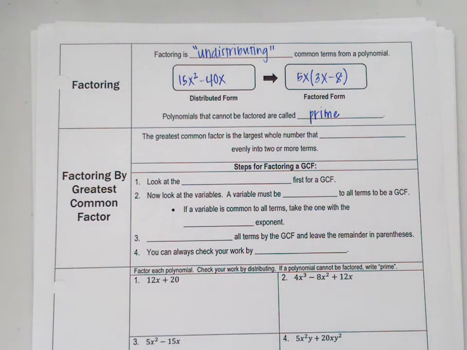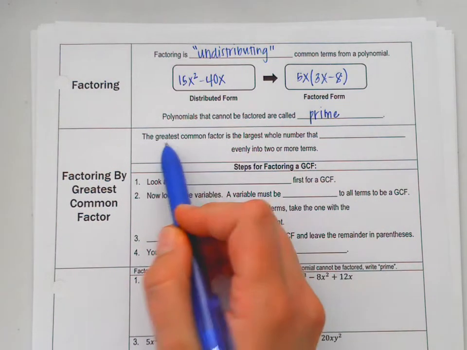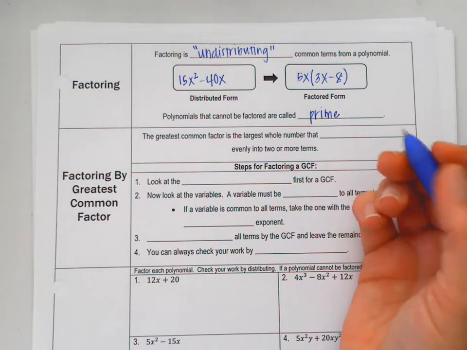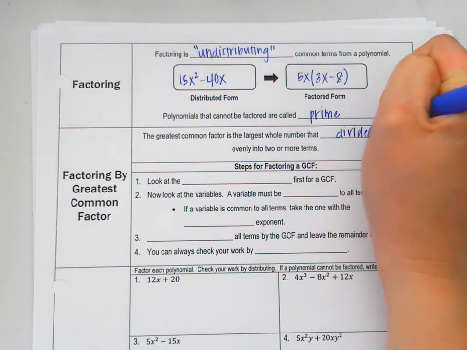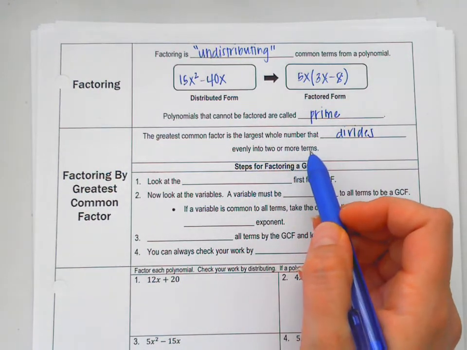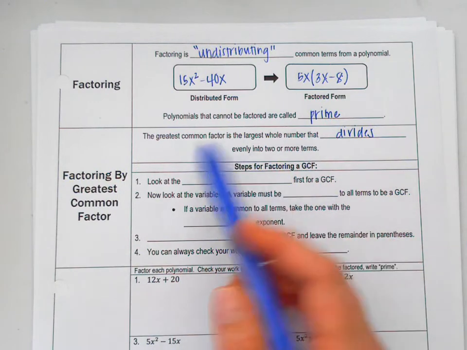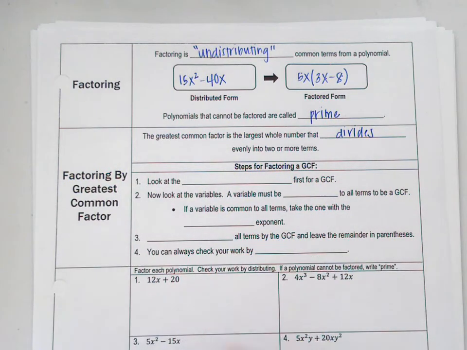When we're thinking about the greatest common factor, it's the largest whole number that divides evenly into 2 or more terms, because we're looking at multiple terms to figure out the greatest common factor. So it's the greatest number or variable, and we're going to talk a lot about variables too, that divides evenly into all of those terms.